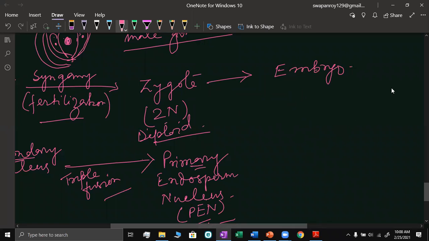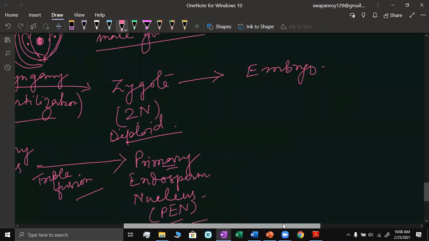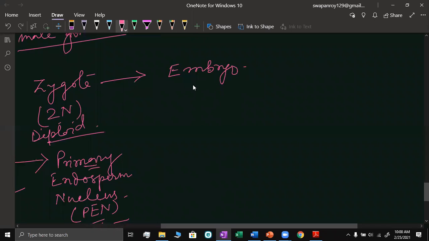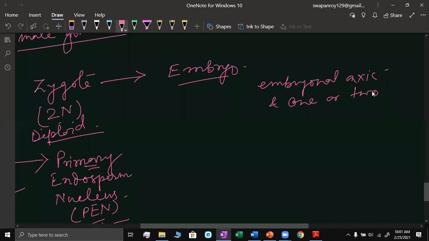The embryo consists of the embryonal axis and one or two cotyledons.